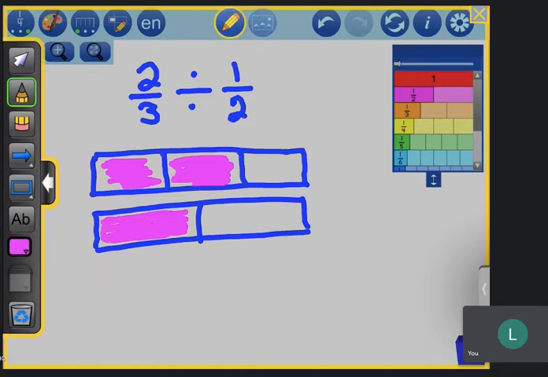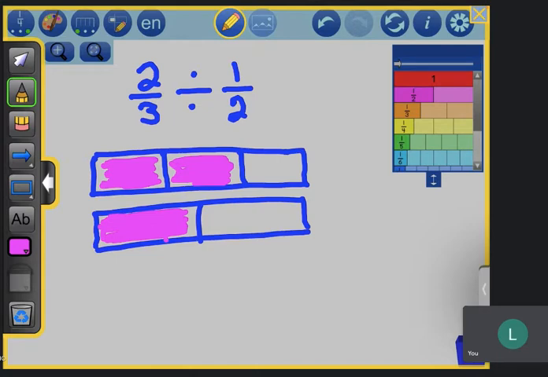Now, to find out how many of these halves, this is a half, I want to know how many halves fit into 2/3, okay? So how many groups of halves I can make out of my 2/3. Because it's very hard to see, I mean, I might be able to mark it off, but I want to be a little precise.